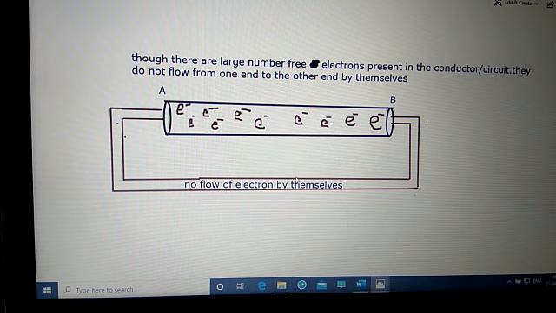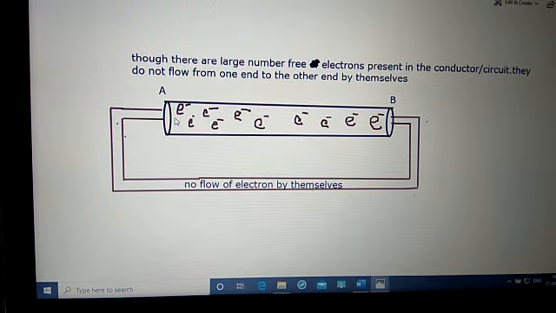There is no flow of electrons by themselves. So electrons, they themselves do not flow. Something has to trigger the motion of these electrons. Then only a continuous constant flow of electrons can be maintained in the circuit.